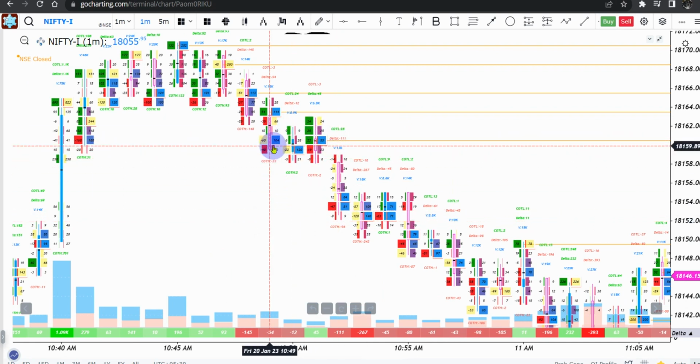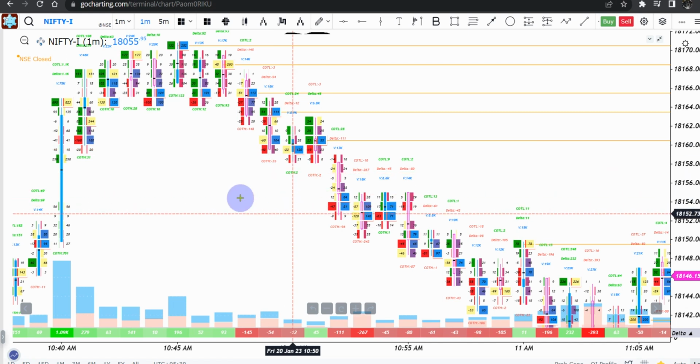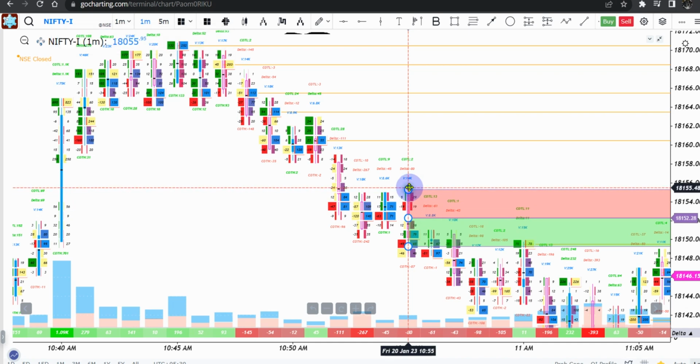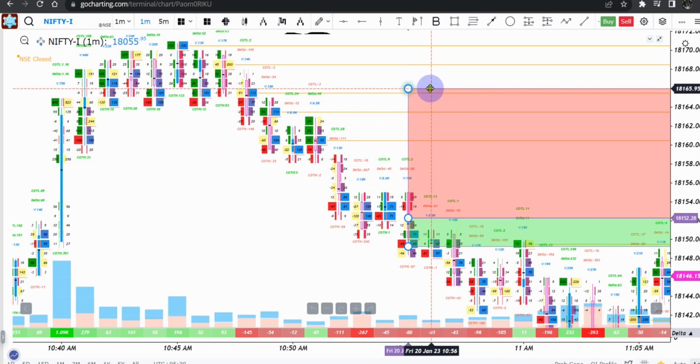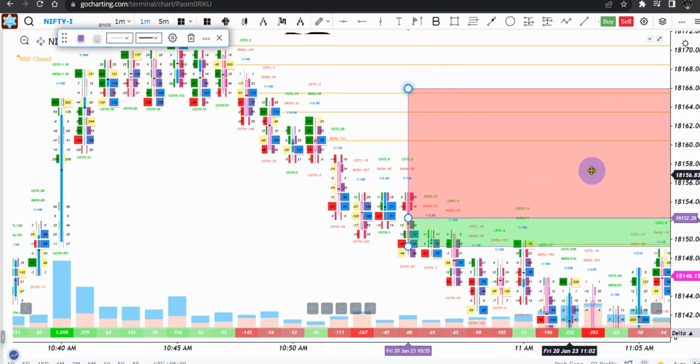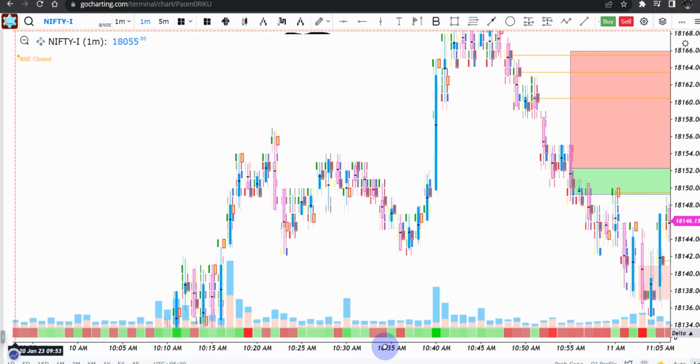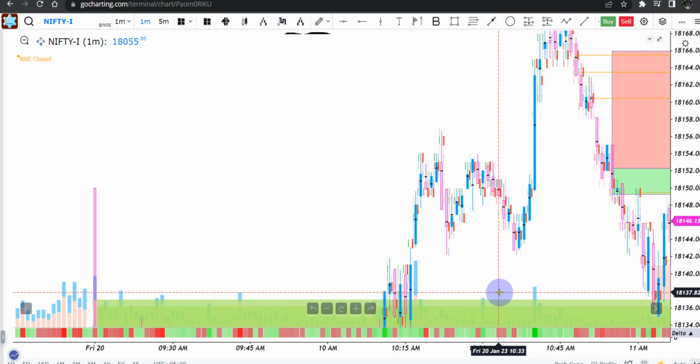Let's say we took a trade somewhere here. Our stop loss need not be more than this, because if this breaks, we are obviously heading higher. And the first target is 135.